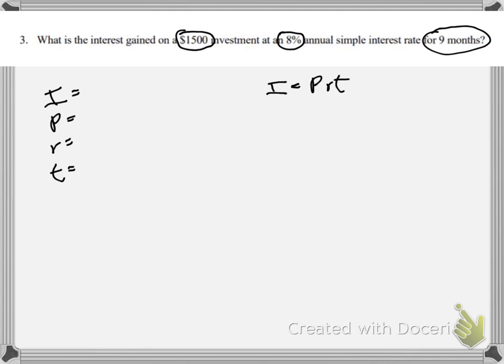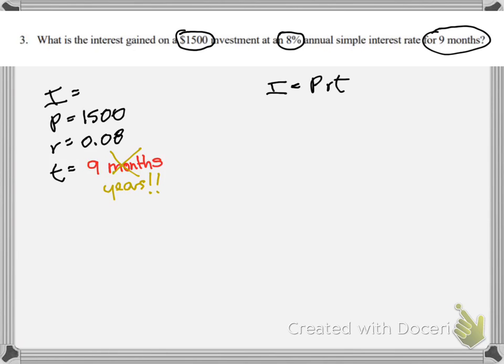Okay, so $1,500 is our principal. Our interest rate is 0.08. Okay, and most people would be tempted to write what for time? Most people are tempted to write 9. But the problem with this is that it's 9 months. And we need to not have months, we have to have years.